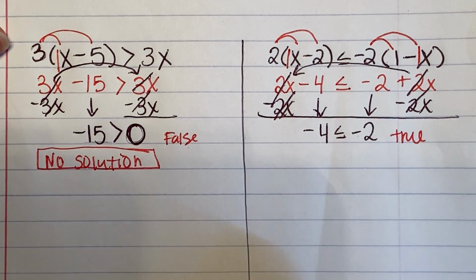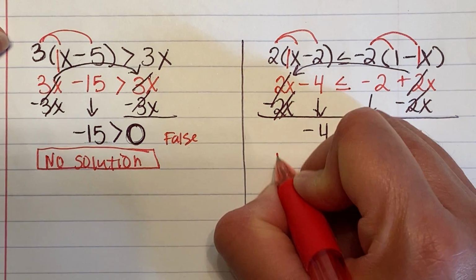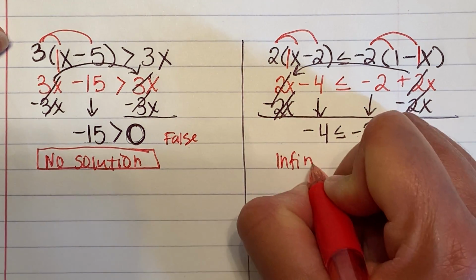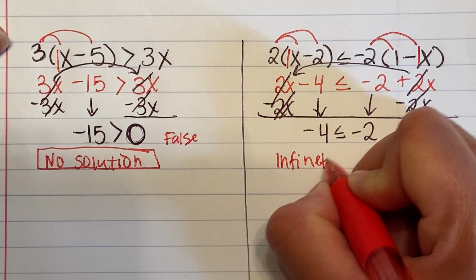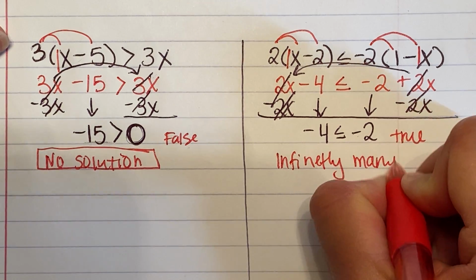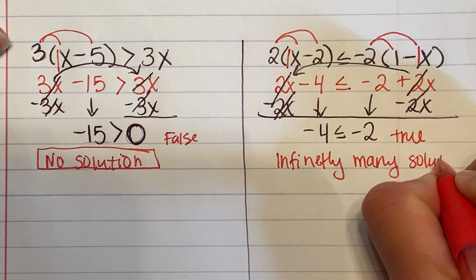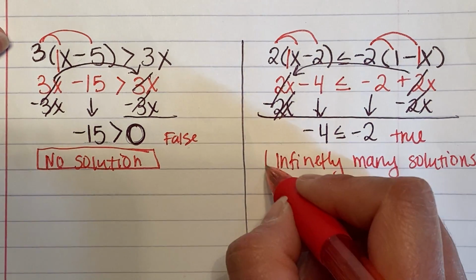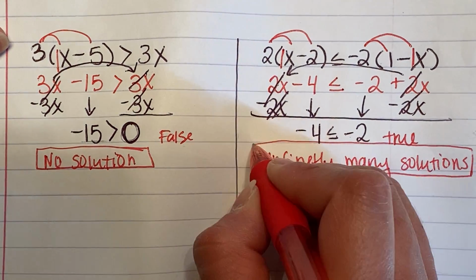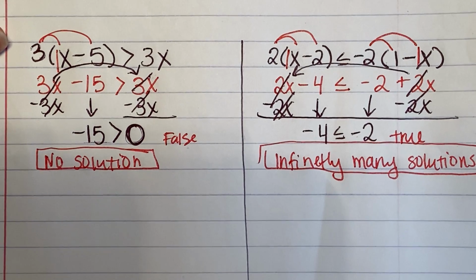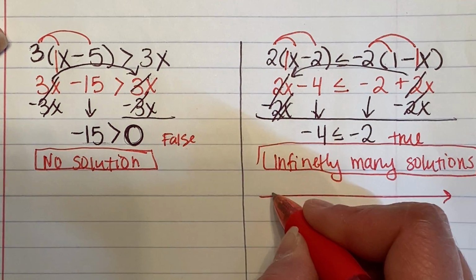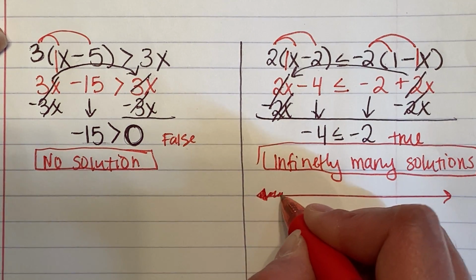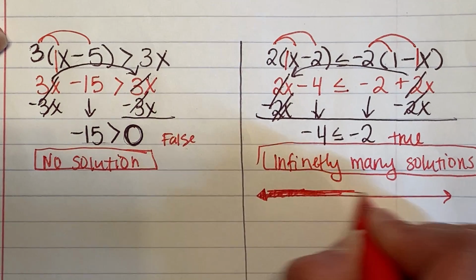So when you're left with no variables, they cancel out, and you're left with a true statement, we say infinitely many solutions. Very similar to solving equations. Infinitely many solutions. So when you graph that on a number line, it's going to be all those values. You're going to be shading everything on that number line.